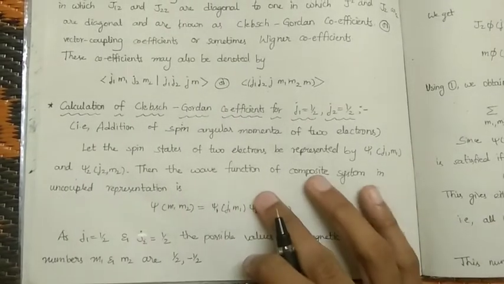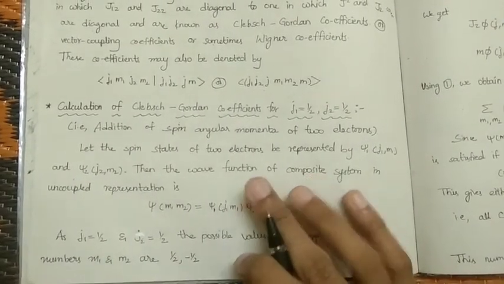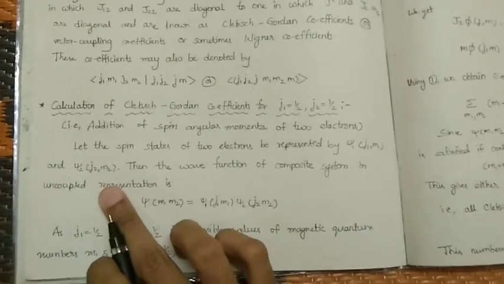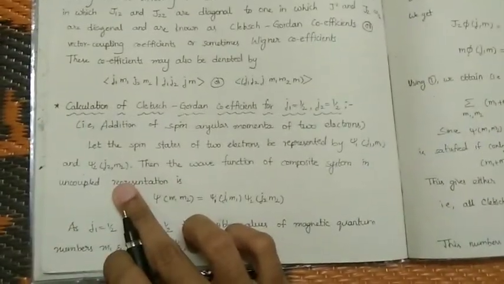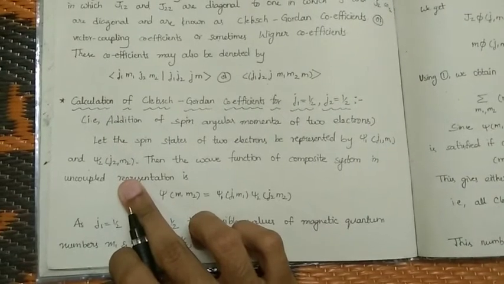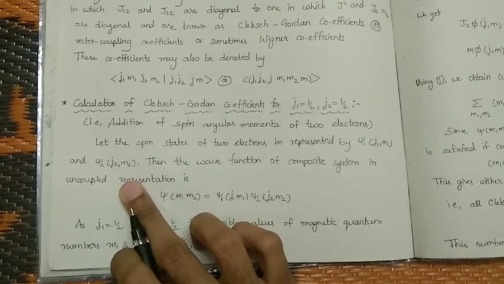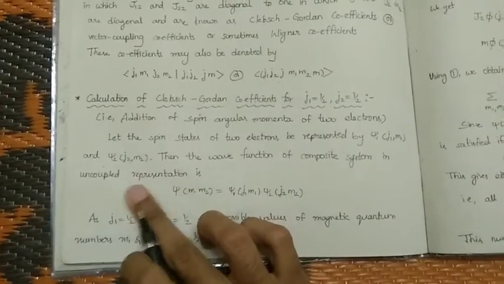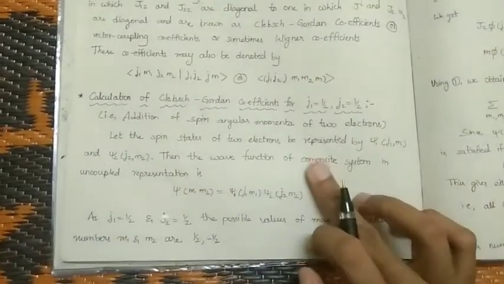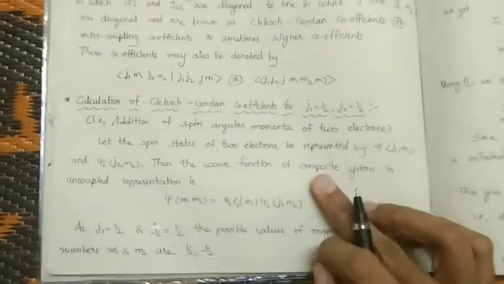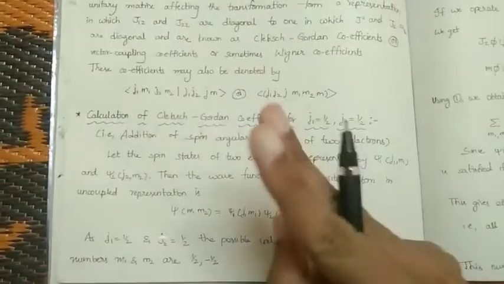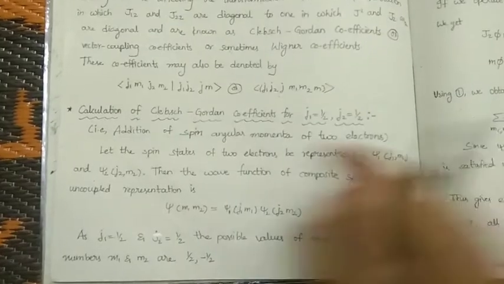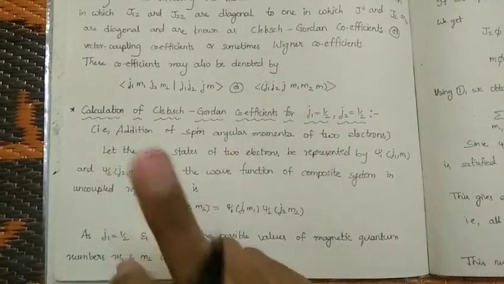If we consider the two electrons as a particular system without coupling, and we have coupling schemes like LS, JJ coupling, that is coupling between orbital angular momentum and spin angular momentum. Without coupling those, in an uncoupled representation, if we want to represent the state of a system consisting of two electrons, this eigenfunction indicates the state of the first electron and this one the state of the second electron.